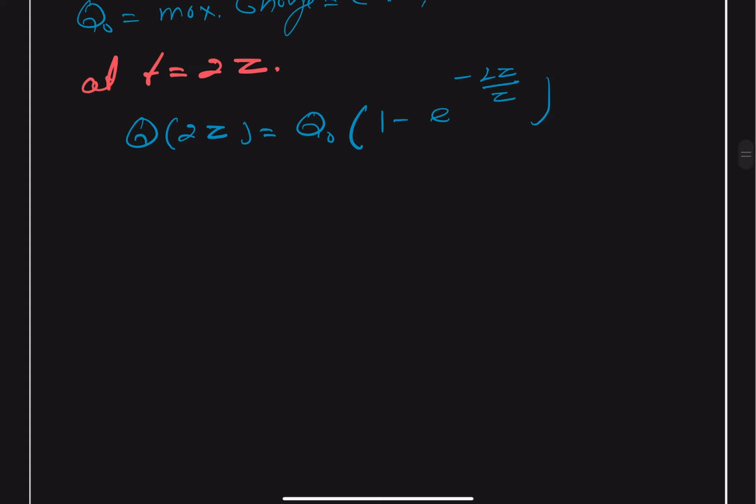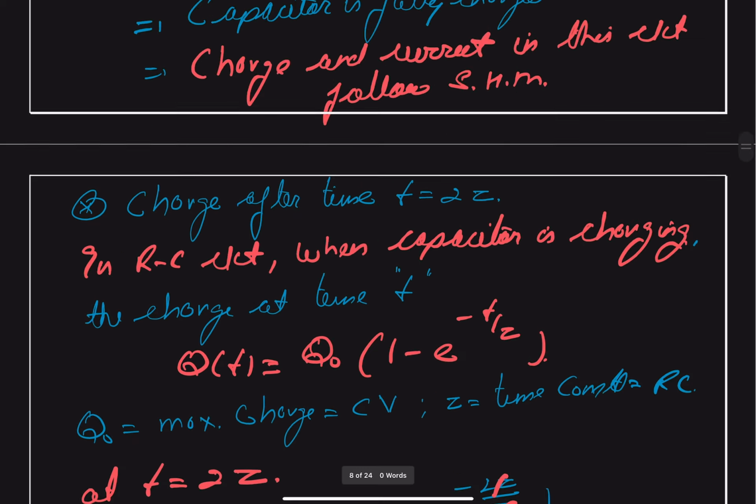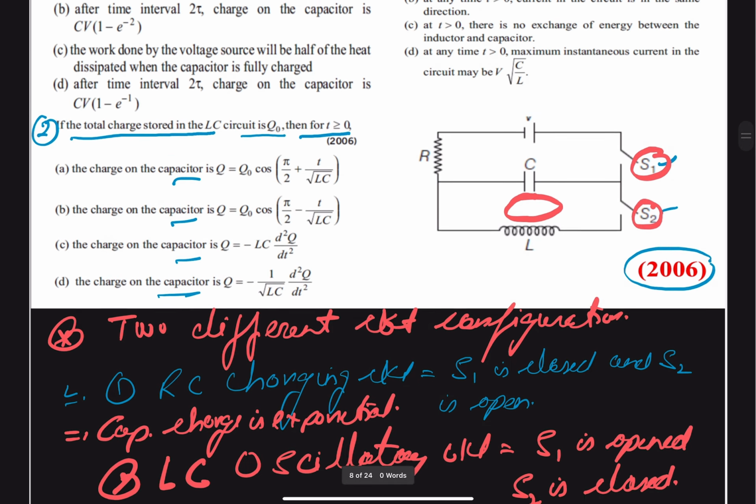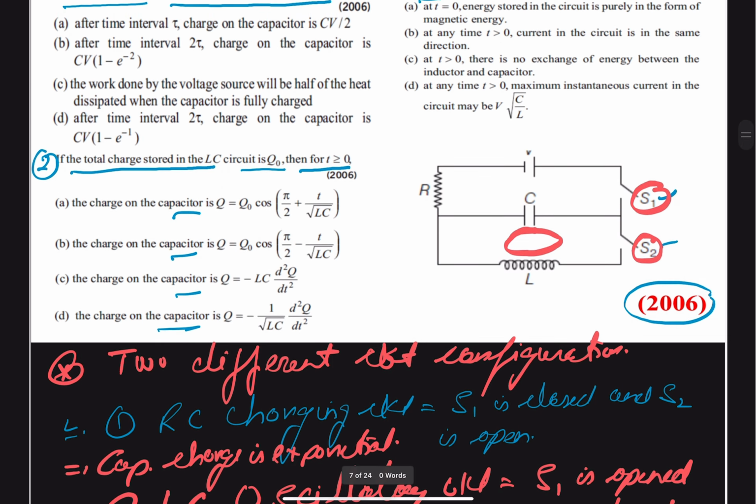Here tau and tau cancel out. We can write this as q naught times 1 minus e raised to power minus 2. So option number B is the correct option.